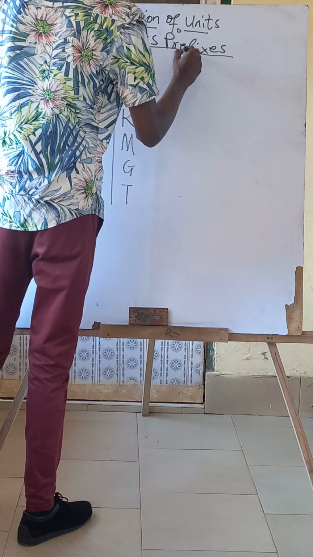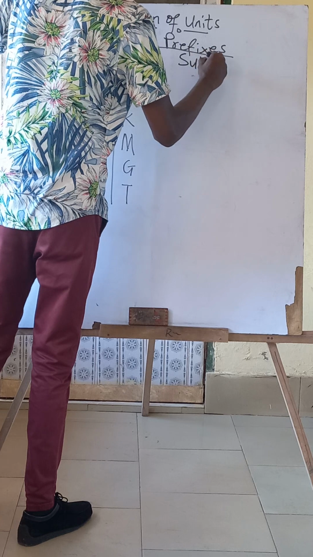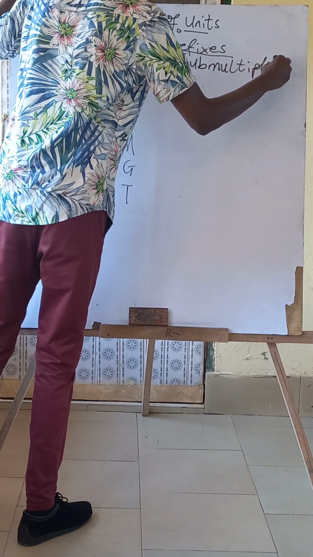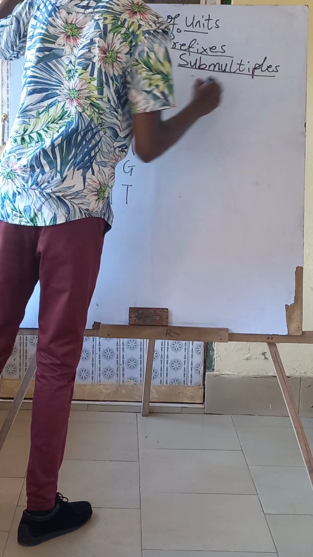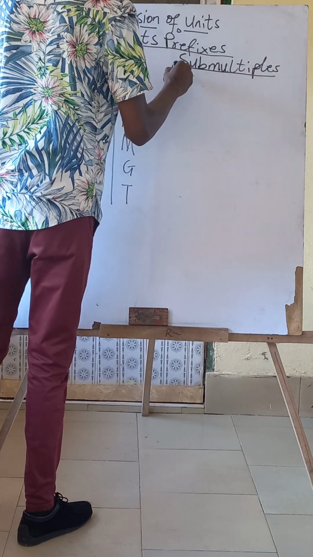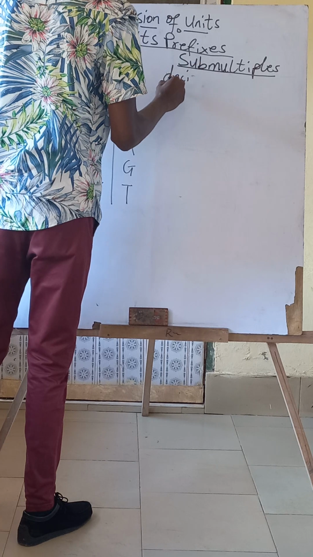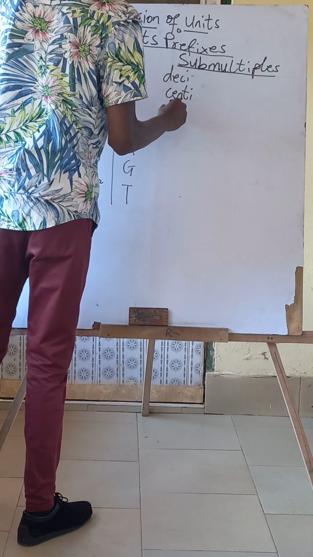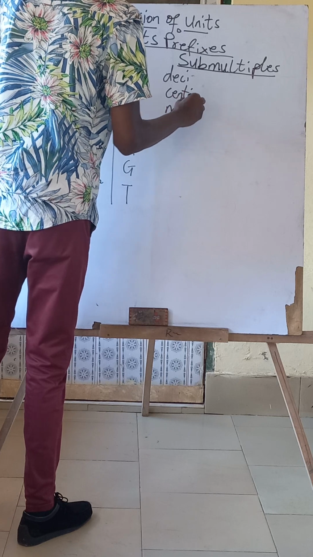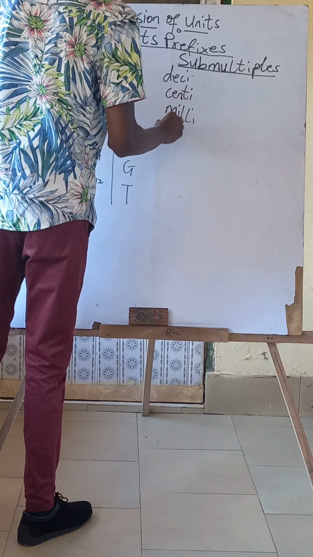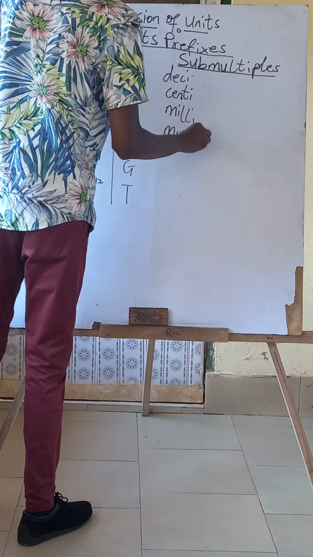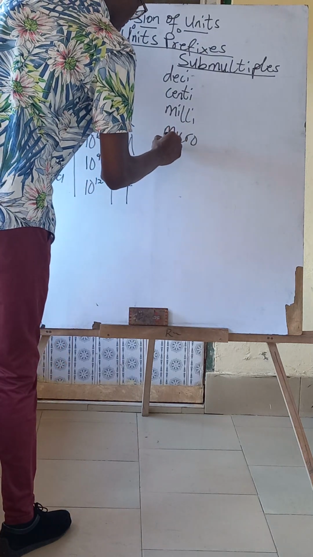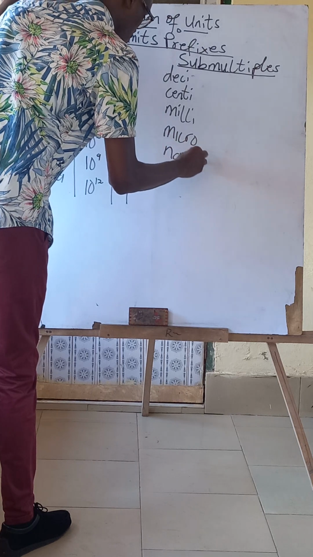So let us look at some examples of the sub-multiples. Under the sub-multiples, we have deci, centi, milli, micro, nano, and pico.